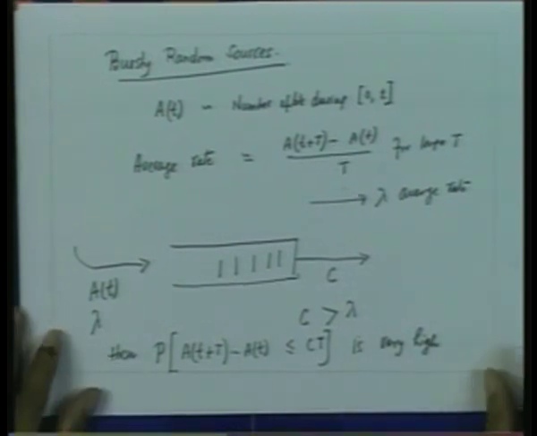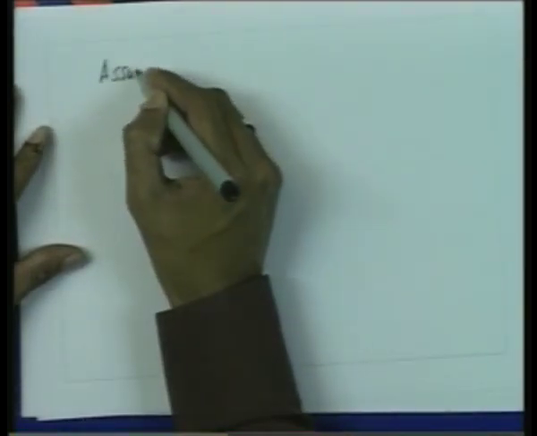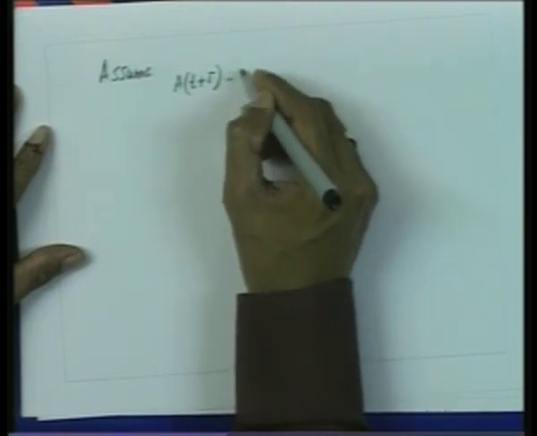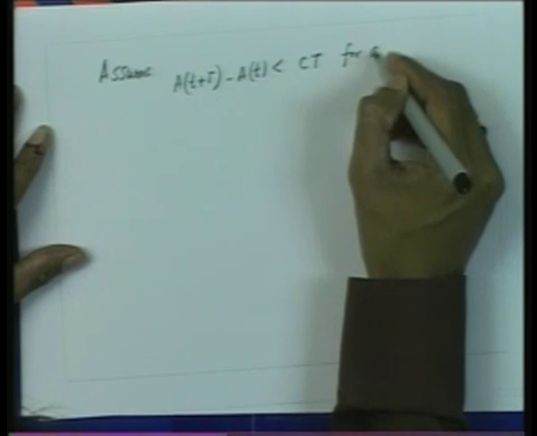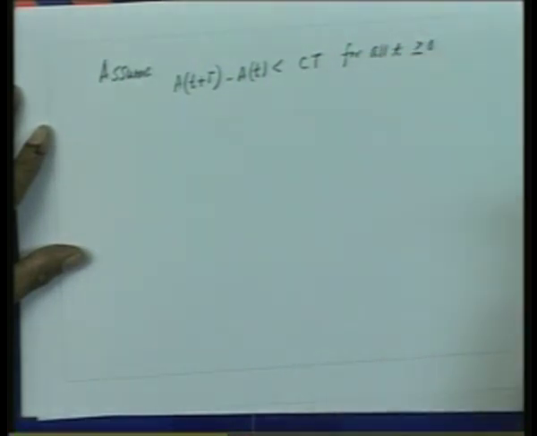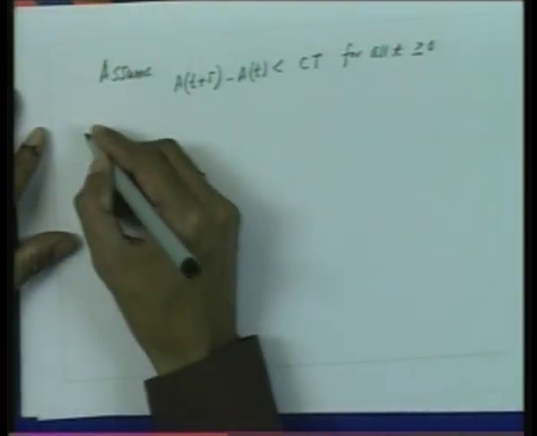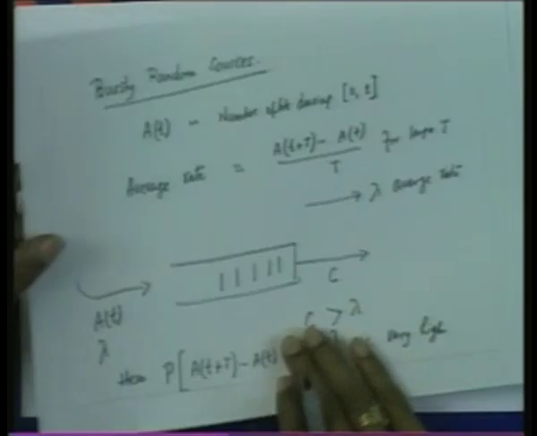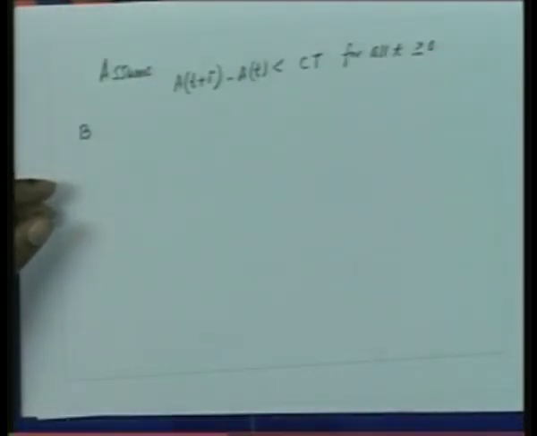Okay, now assume in our case that A(t+tau) minus A(t) is less than C tau for all tau greater than 0. Then we would try to prove that the buffer cannot remain non-empty.